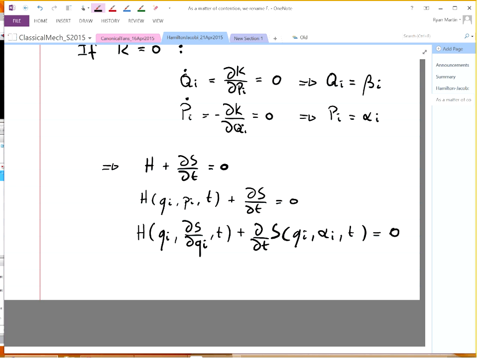Ultimately, this is a partial differential equation for S. When you write this out explicitly for a specific system, you end up with ∂S/∂ variables, in particular ∂S/∂q's and ∂S/∂t. So you have an equation that's mixing derivatives of S with respect to different variables.